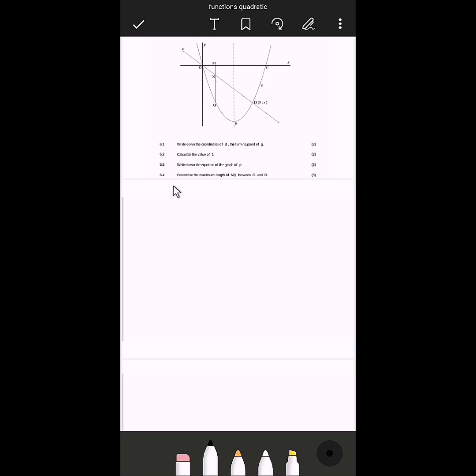Okay, so I'm going to write down how it normally looks in terms of the standard form. So it's y = (x − p)² + q.